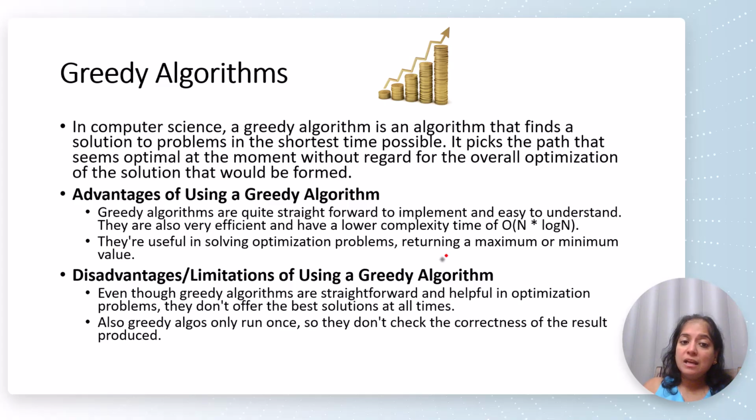So greedy algorithms are quite straightforward, very easy to implement and easy to understand, but they cannot always provide optimal solutions. And greedy algorithms run only once, so they do not check the correctness of the result produced. They may be optimal, they may not be optimal.